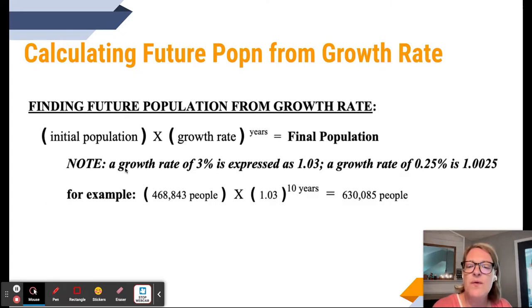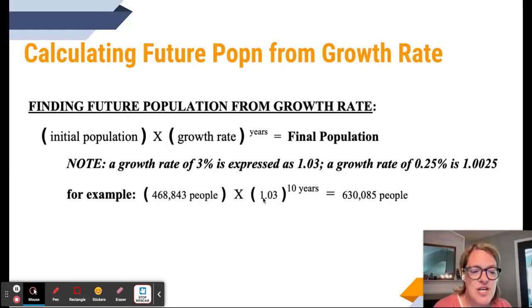So it's important to note here that a growth rate of 3% for this equation is expressed as 1.03. It doesn't really matter, but if you try to take 0.03 to the 10th power, it won't calculate correctly. So you have to have this number greater than 1, okay?